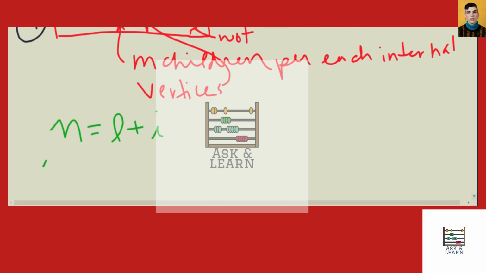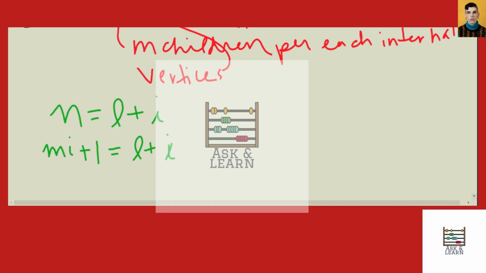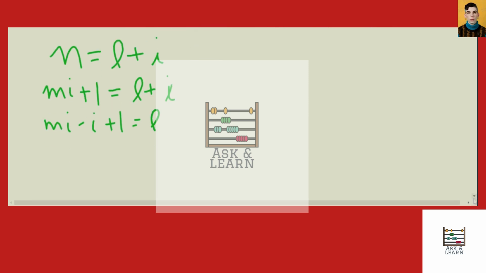So if that's the case, I also know that n equals mi plus 1, so I can subtract i from each side. And then I can factor this out. So I'm going to have (m minus 1) i plus 1.